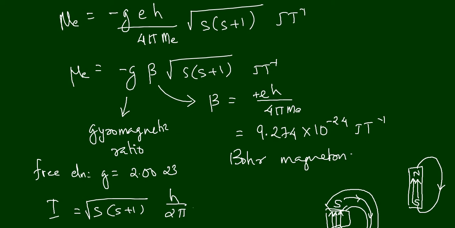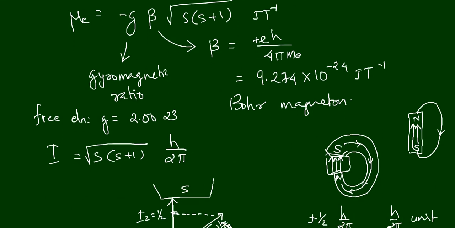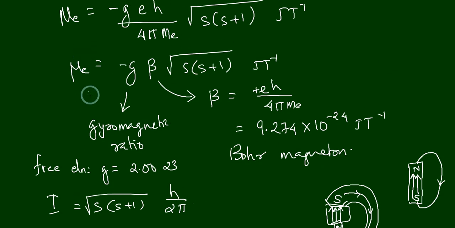The direction of the magnetic moment is actually opposite to the direction of the vector with magnitude root of s into s plus 1, because there is a negative sign.